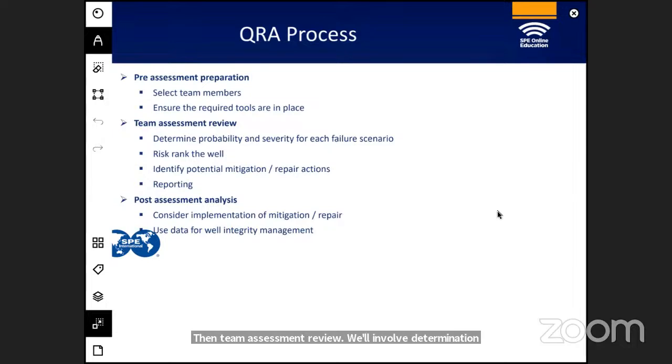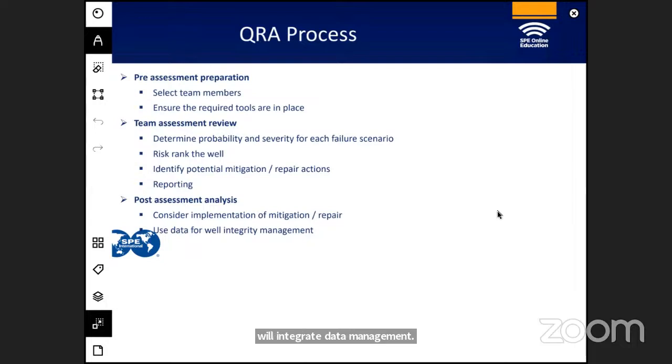Then the well is risk ranked, and potential mitigation actions and repair actions which can be done are identified, and have to be reported to the management and the concerned stakeholders to perform the task if there are some action points.